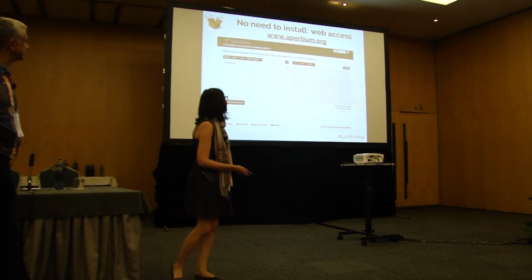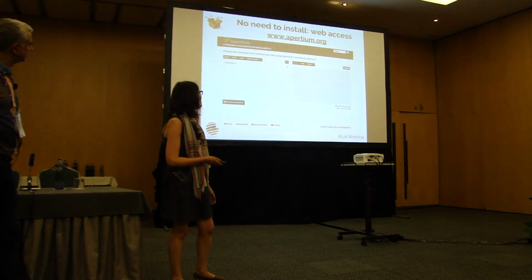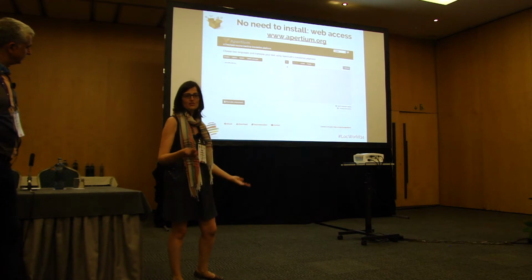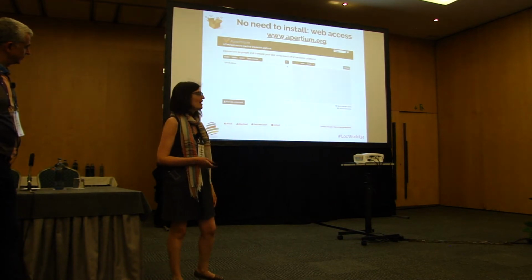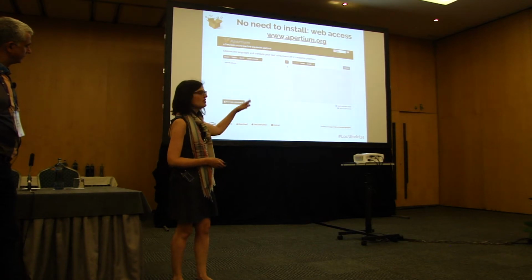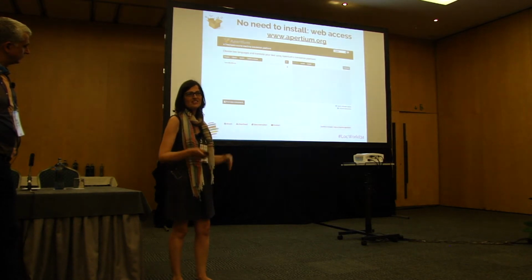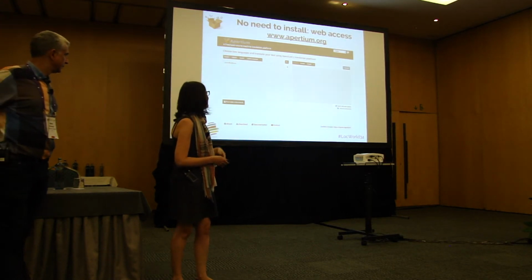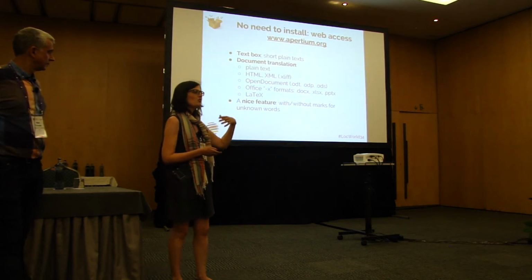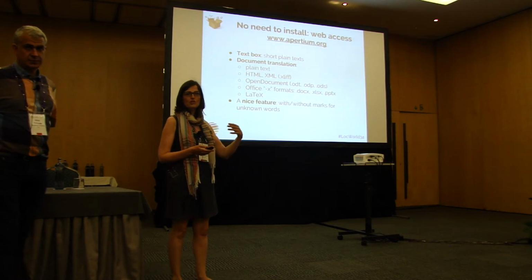For those that don't want to install it at all, you can also go to the website, apertium.org. We provide an interface for people to use it. In this interface, you will find the typical text box to translate short texts, but we go into a more professional scenario, and we also provide translation for documents.